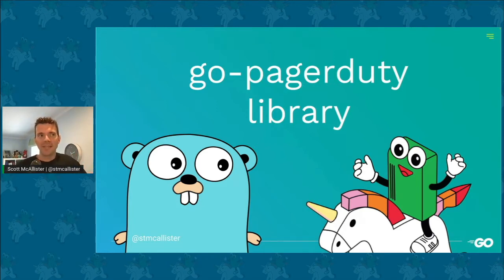And the other advocate said, oh yeah, we have this great client library called Go PagerDuty. And it's awesome. It's really popular. A lot of people are using it. However, it's really slow at reviewing pull requests because there's no testing in it. Every time a new pull request is opened, we have to go in and manually test everything and make sure that it's not going to have any adverse effects.